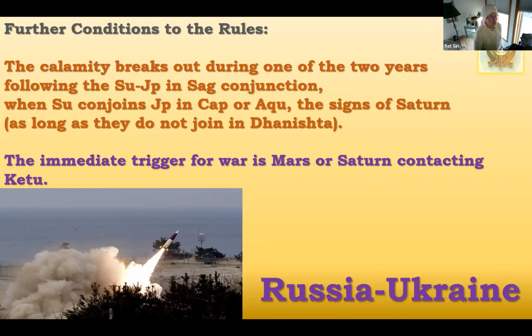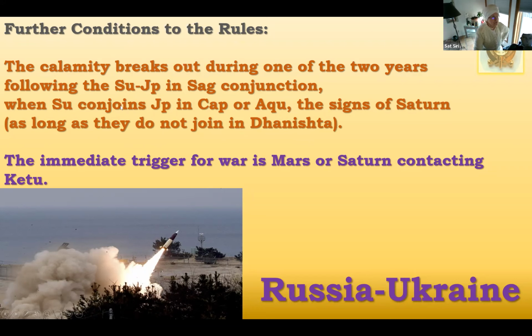Okay, so a little bit more about the rules that I was using to see this outbreak of war. Once the 12-year cycle of Sun-Jupiter in Sagittarius begins, the major war, if it's coming, will come during one of the 2 years of this Sun-Jupiter in Capricorn or Aquarius. And again, remember, if it happens in Dhanishta, they will be exempted from war.